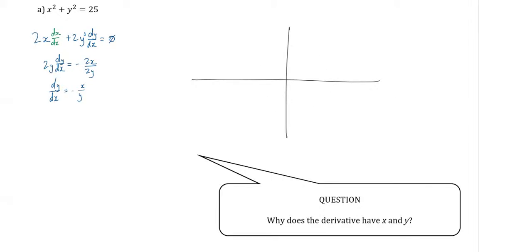It has x and y because the slope, along any point of the circle, has to have both x and y. So one of the things that we ask you to do is find the slope when, I don't know, x equals 2, right? So what if I ask you to find the slope when x equals 2?